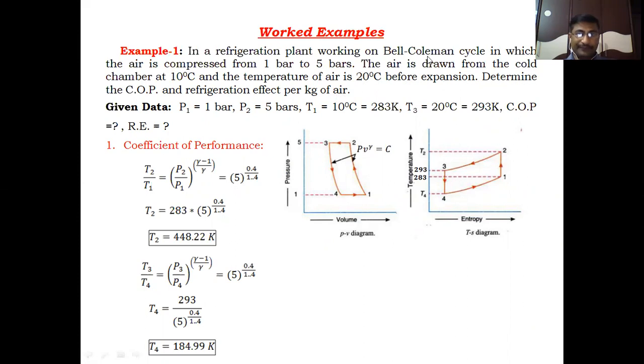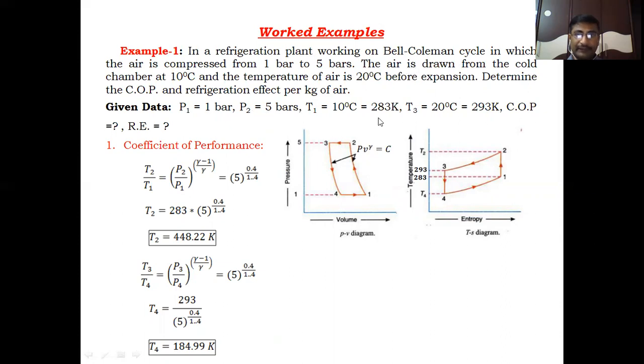In this problem, the refrigeration plant working on the Bell-Coleman cycle is shown by the PV and TS diagrams here. The given data: the air is compressed from 1 bar to 5 bar. The low pressure is P1 and the high pressure is P2. P1 is 1 bar, P2 is 5 bar.